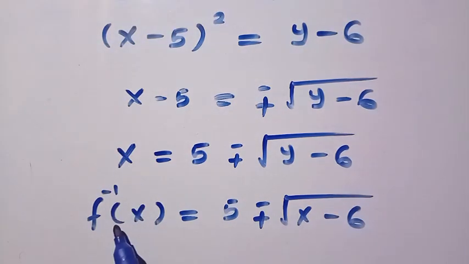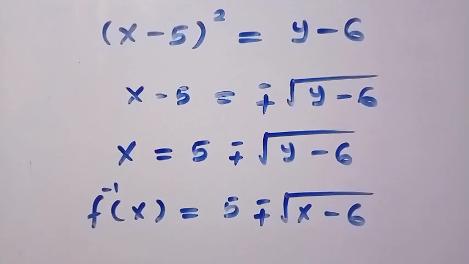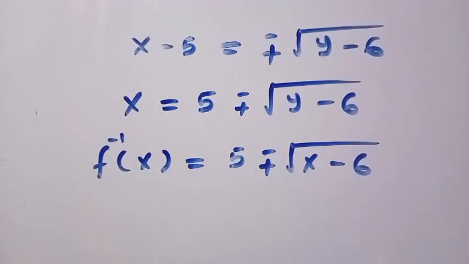So by changing this to f inverse of y and later replacing it with x, this is what we have. But the x here is given as 295, and everything also equals f of x.